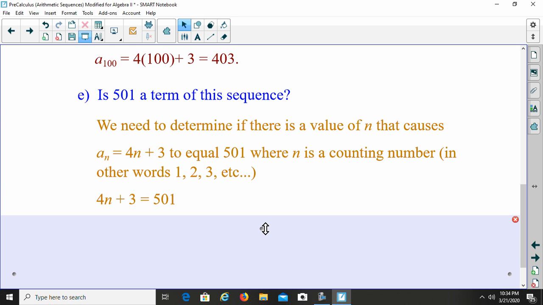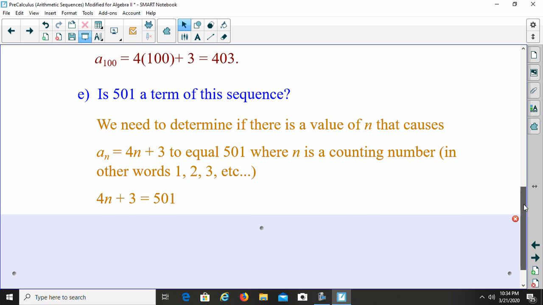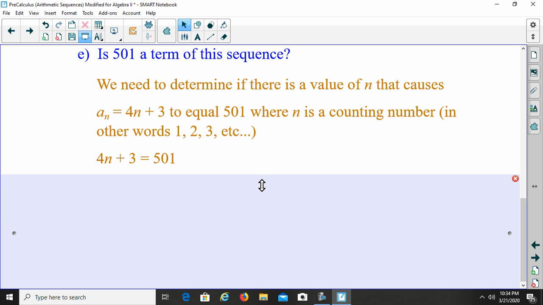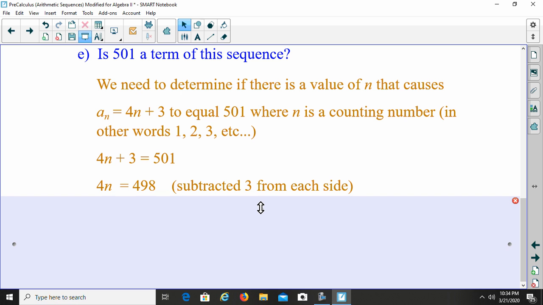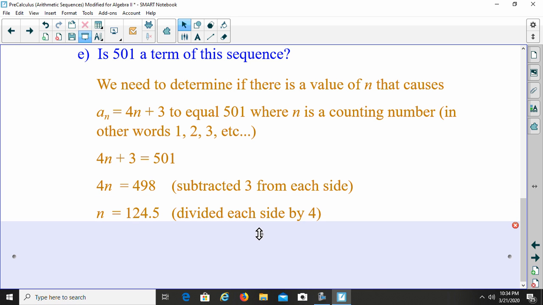So, take our formula 4n plus 3, set it equal to 501. And our first step would be to subtract 3 from each side, leaving me the equation 4n equals 498. Then divide each side by 4, which is going to leave n to equal 124.5.